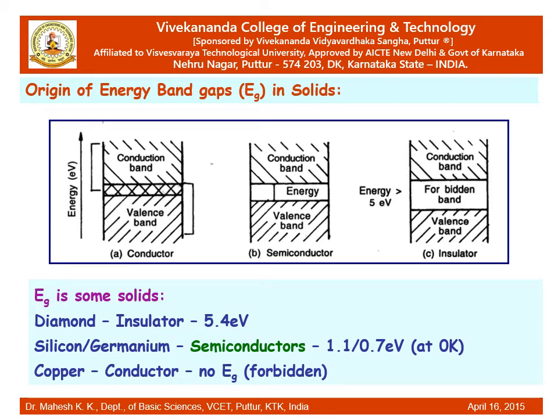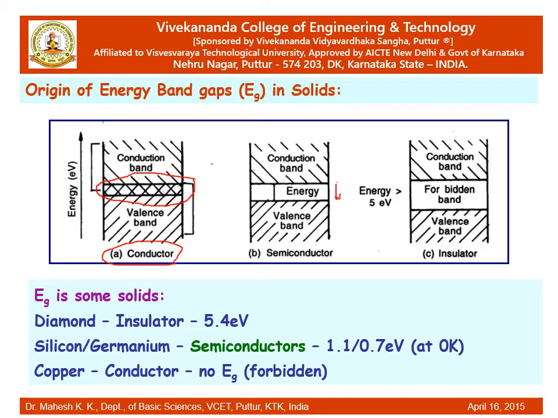This energy band gap helps us to classify the materials into good conductors, bad conductors, and semiconductors. As you could see in the figure here, the first one refers to the conductors. In conductors, the valence and conduction bands overlap. In the case of semiconductors, there is a small gap between the valence band and the conduction band.